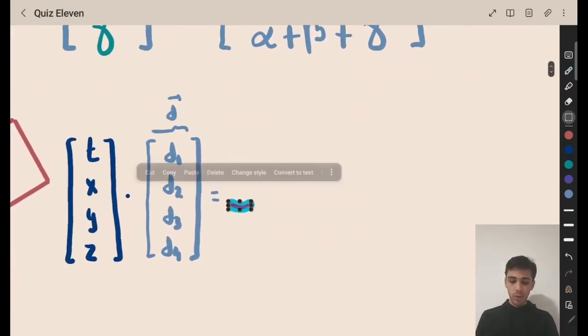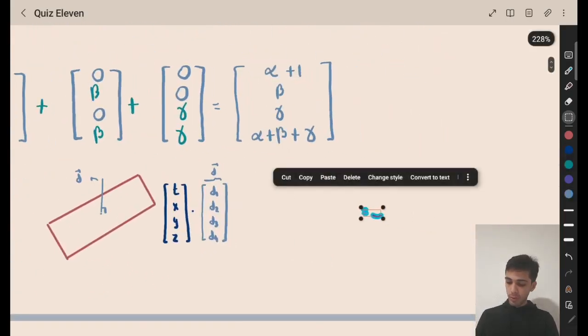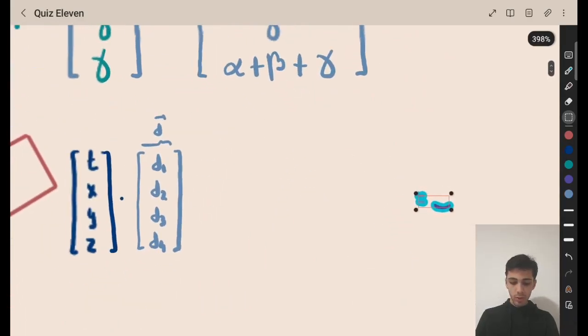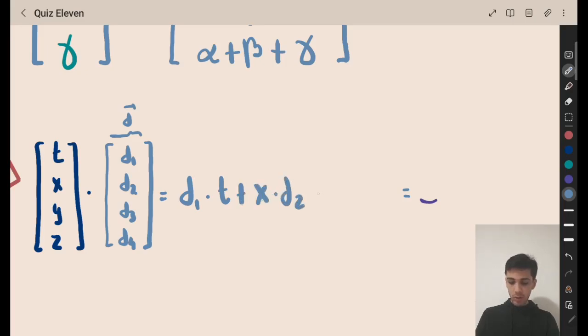I also want to remind you that if we expand this using the rules of simple dot product multiplication, you get d1 times t plus x times d2 plus y times d3 plus z times d4 is equal to some number.